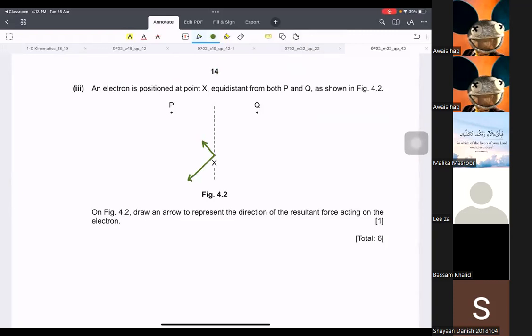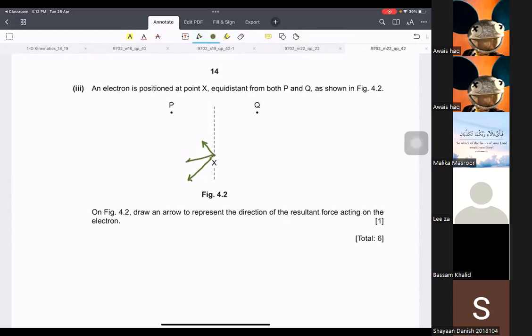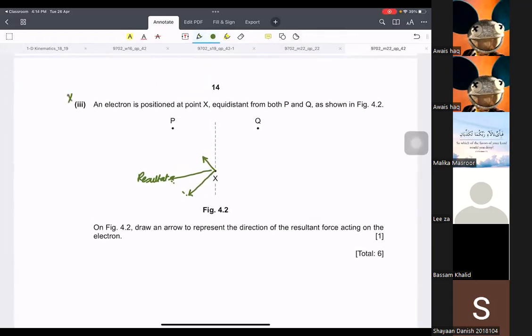This means the resultant will be somewhere here, like this. Is it clear, everybody? You have to be very, very careful in this. Another very good question. This is good.